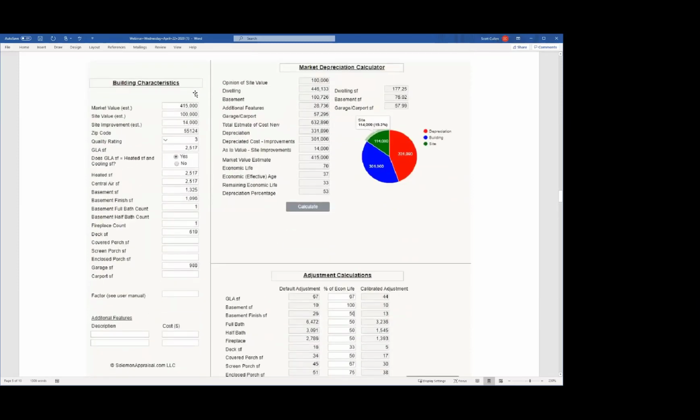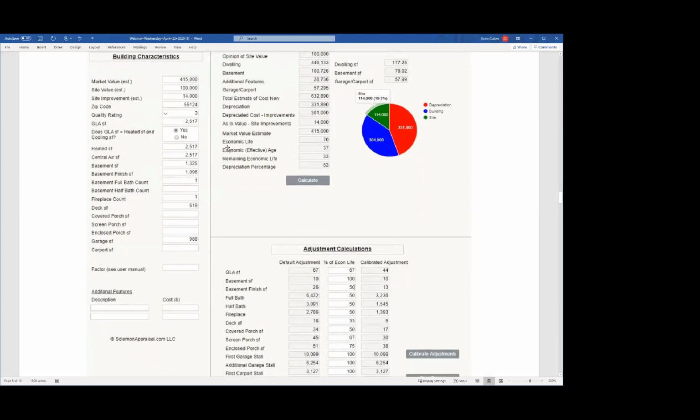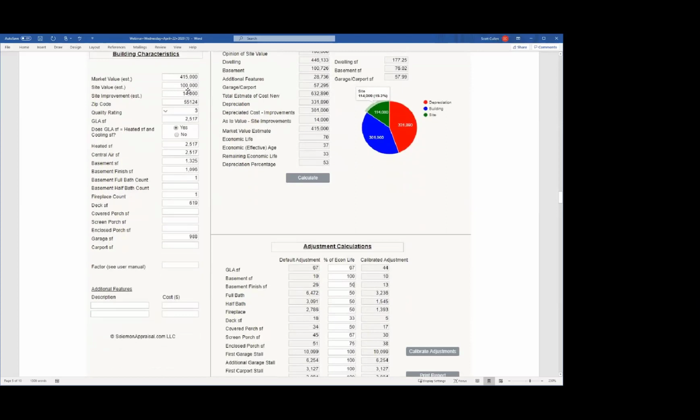So here's a screenshot of the Soliman adjustment calculator that I used to develop my adjustments. I entered an estimate of market value over here. Before I did that estimate, I had read the contract, I had seen the comparables, I had toured the subject, measured it, taken photos.